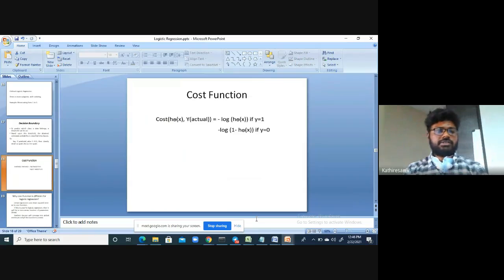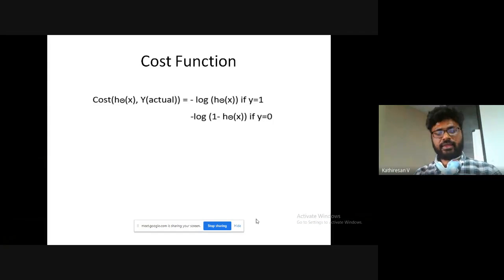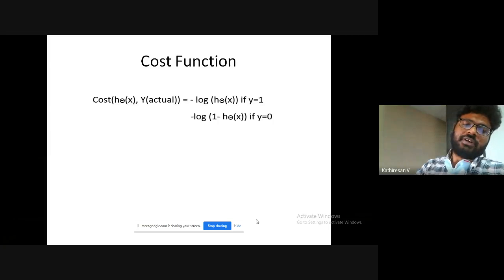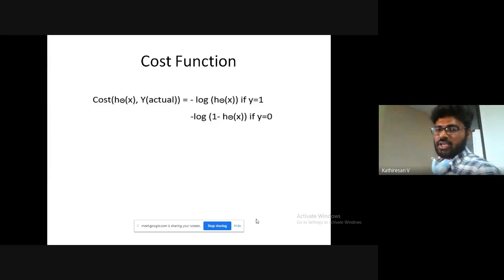So here the cost function in our logistic regression is cost of h of x and y actual equal to minus log of... See here, y equal to 1 is one class, y equal to 0 is another class.